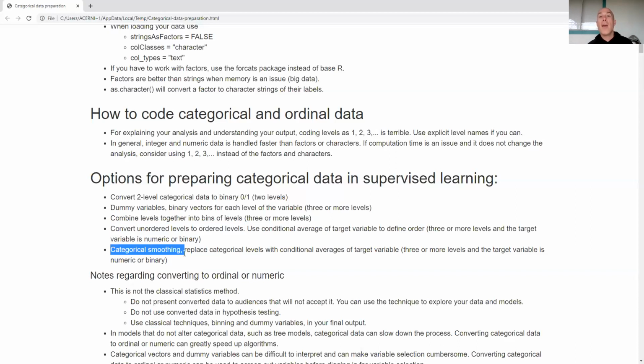Also, I find that this is a good choice when I'm doing variable selection, because what I have found is if categorical smoothing vectors are useful in the pre-screening of variables, then the original categorical data will be useful also. If categorical smoothing vectors are not useful, then usually in my experience, the original categorical data dummy variables are not going to be useful themselves.